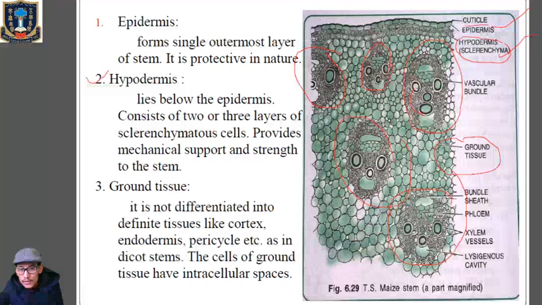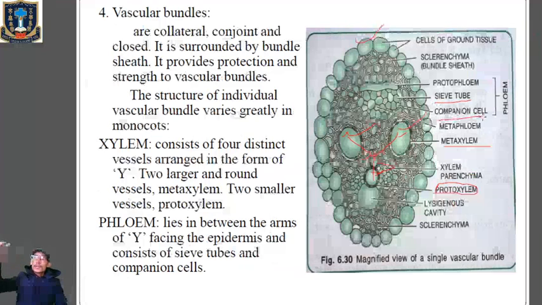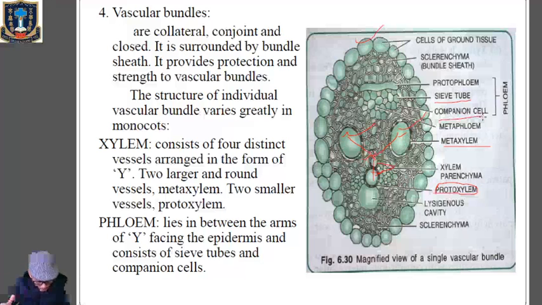So here, this is the xylem, these two are metaxylem and these two are protoxylem, and this one is the phloem, which is facing towards the epidermis and is mainly composed of sieve tubes, and we can see the presence of companion cells. It lies just between the arms of the metaxylem.